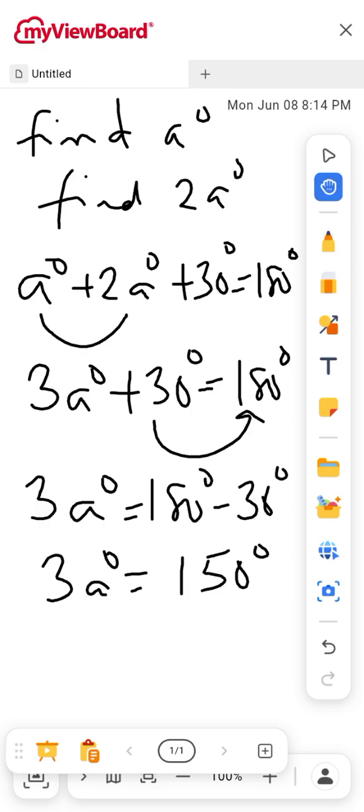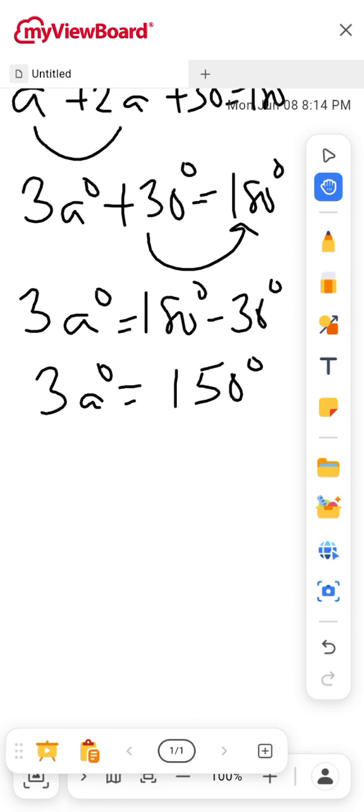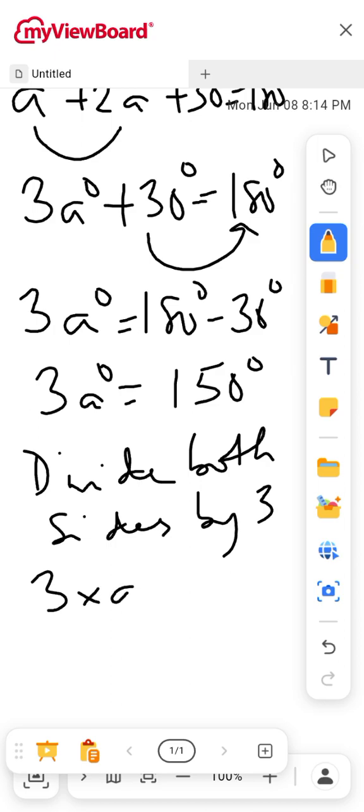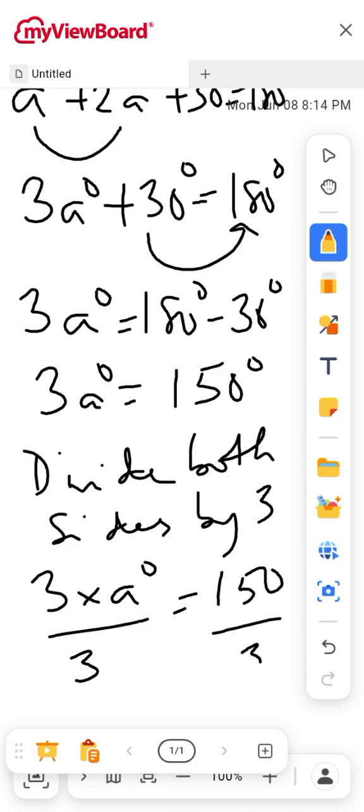And this is also a straight line equation. They are saying, what will you multiply by 3 to give you 150? When you have a multiplication problem, you get rid of it by division. So you say divide both sides by 3, which is the coefficient of A. So we have 3 times A over 3 equals 150 over 3. 3 cancels 3.